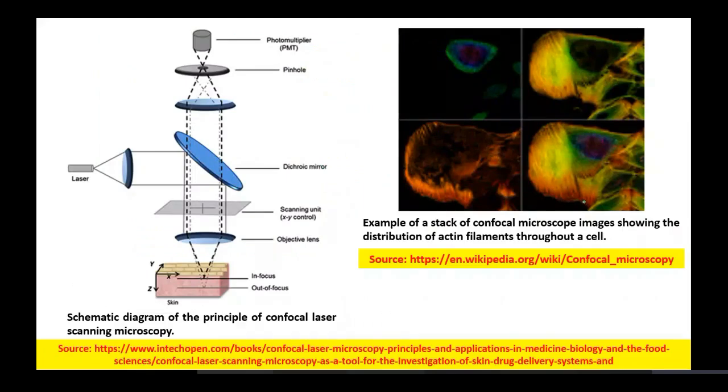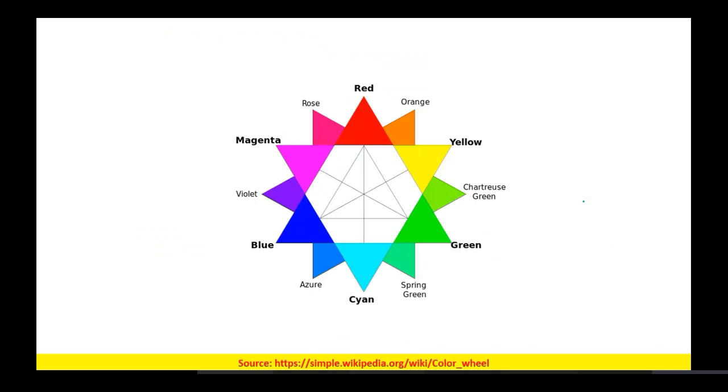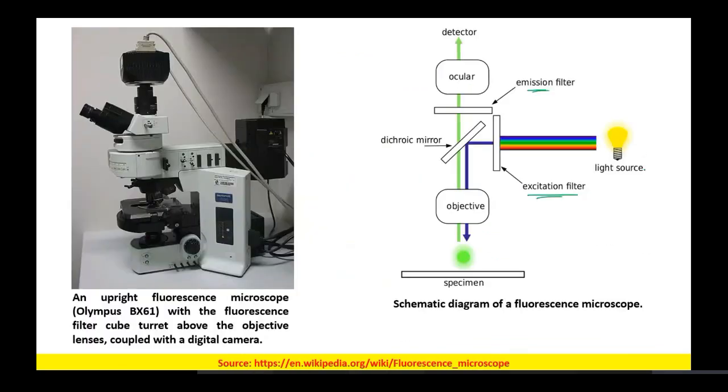Okay. Now coming to the confocal microscopy, confocal laser scanning microscopy. In fluorescence microscopy, we were using a light source which may either be a halogen light source or LED light.